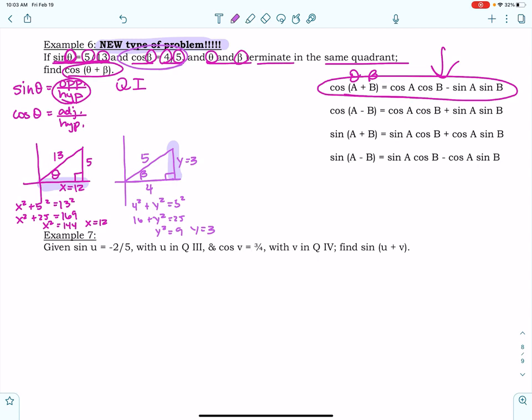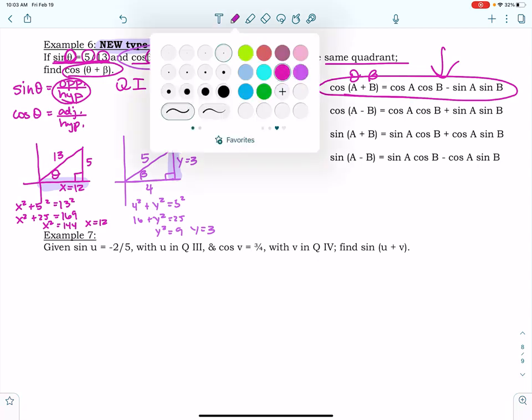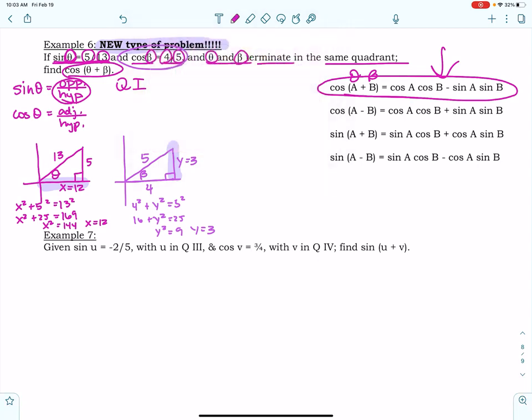Once we establish that, now we're ready to proceed with what we need. I've already told you that we're using this sum identity right here. So I need to find those values and write that accordingly.